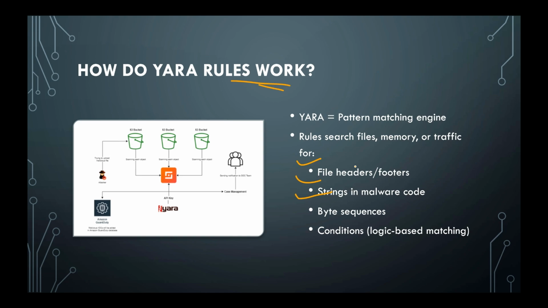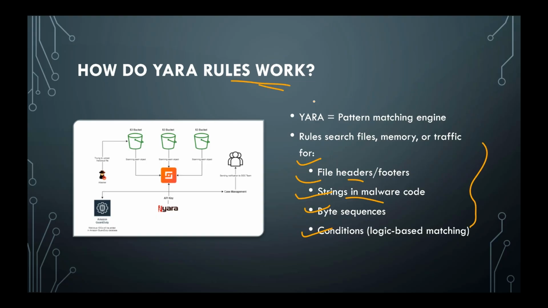These patterns can include specific file headers or footers that indicate a known malware type, strings like text or binary found in the code of the malware, and also conditions like logic operators that help refine the searches.